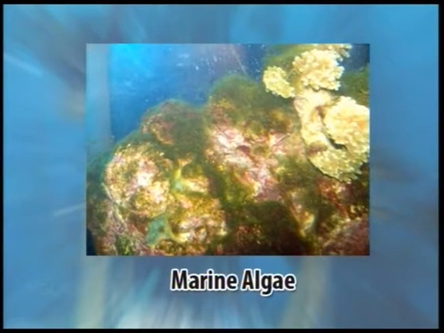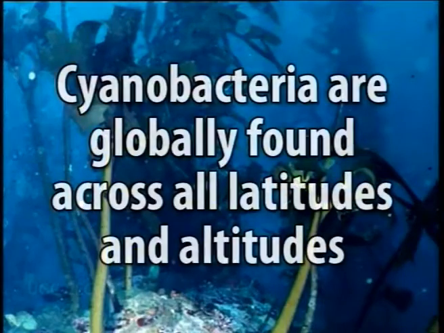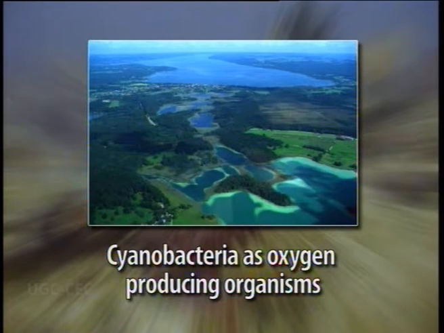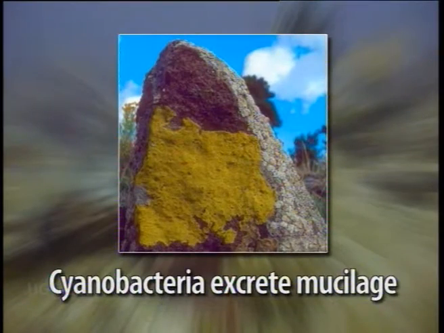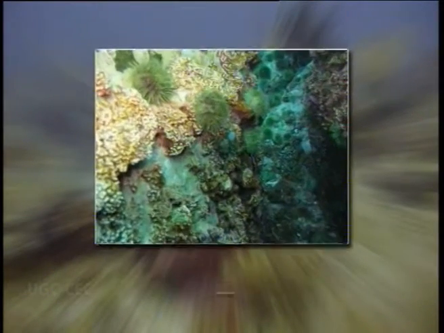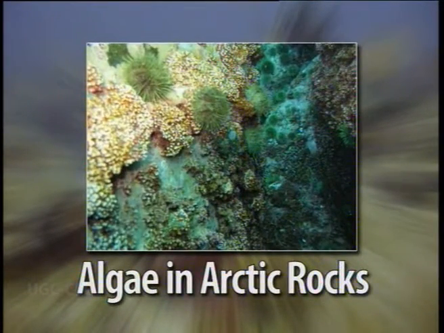They are globally found across all latitudes and almost all altitudes, from Antarctic to Saharan rocks, and comprise an important component of the marine phytoplankton. They inhabit both moist and dry soils and constitute what we call hypoliths, growing in association with algae in quartz-containing arctic rocks or their undersurfaces and so on.